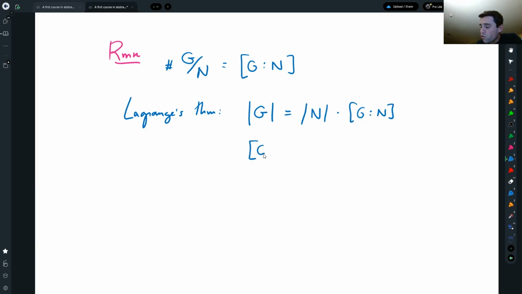So the index, when G is finite, will be the quotient of the two sizes.